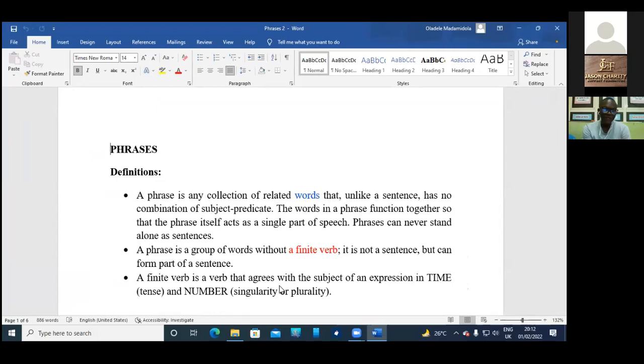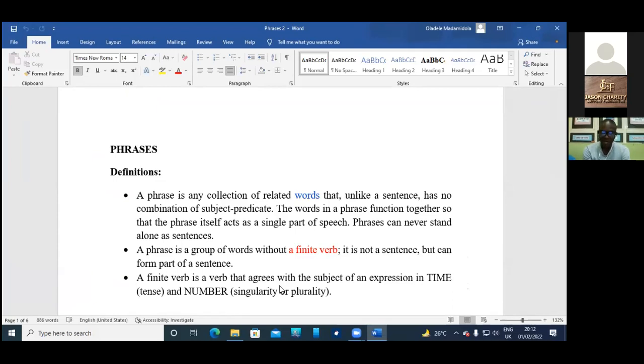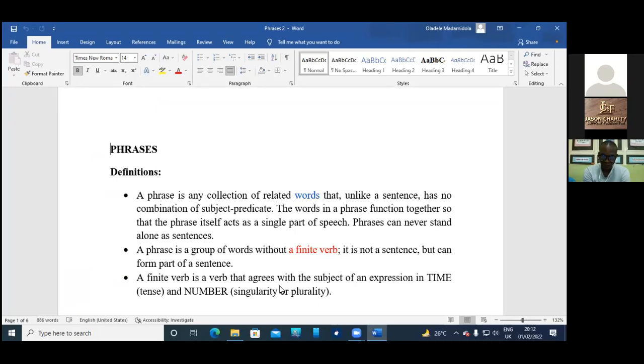The first definition says a phrase is any collection of related words that, unlike a sentence, has no combination of subject and predicate. The words in a phrase function together so that the phrase itself acts as a single part of speech. Phrases can never stand alone as sentences.